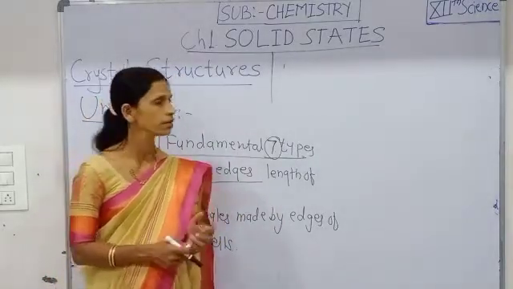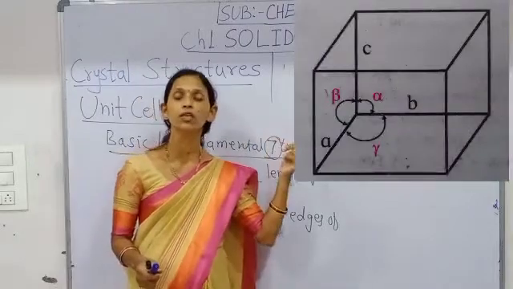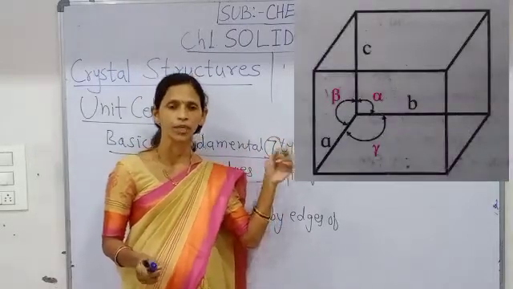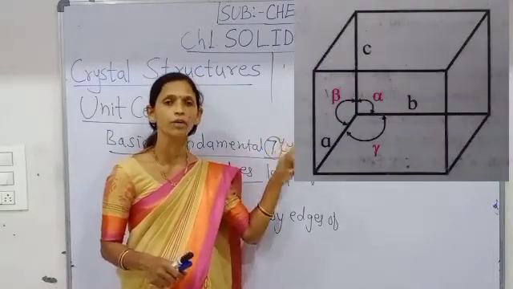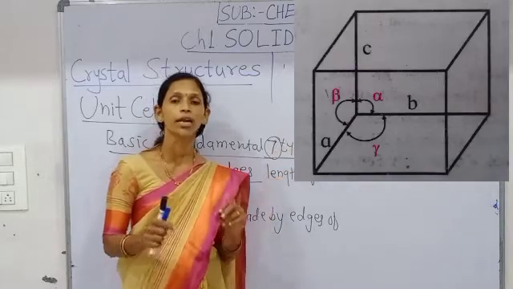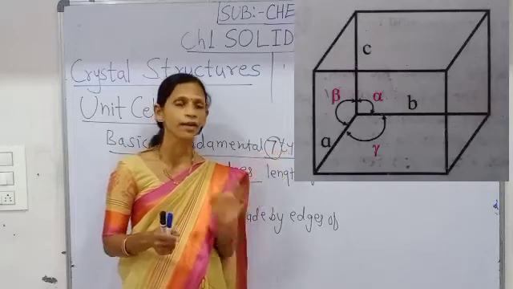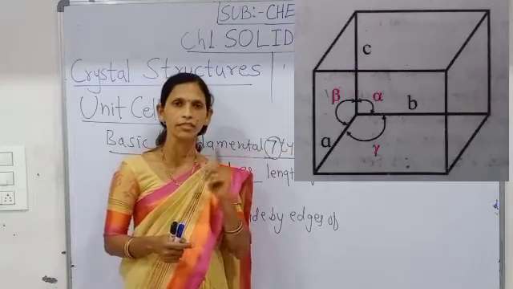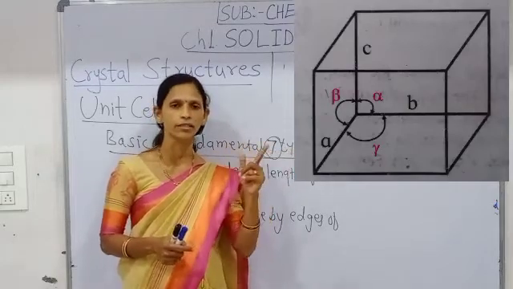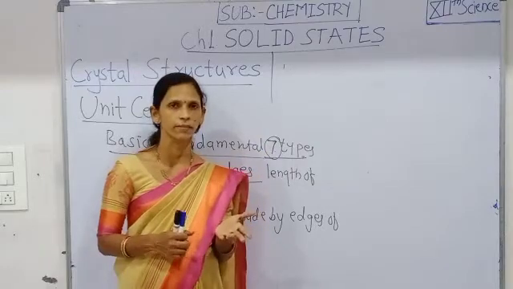See here in the diagram, it is a cubic type of unit cell, in which A, B and C are the edge lengths of the unit cell, present along the 3 axes, that is the x-axis, y-axis and z-axis.